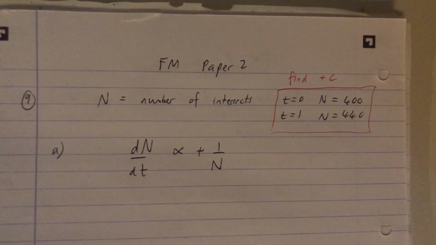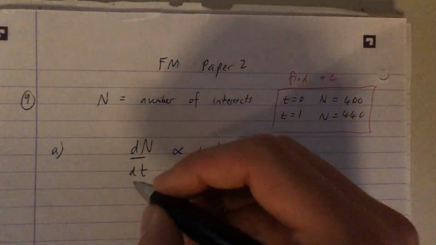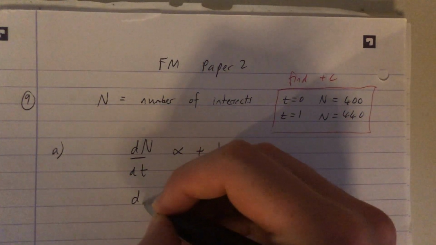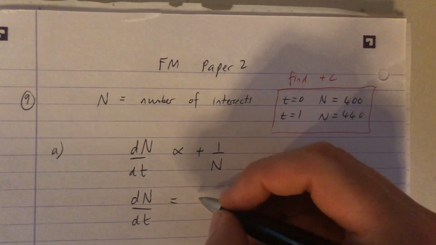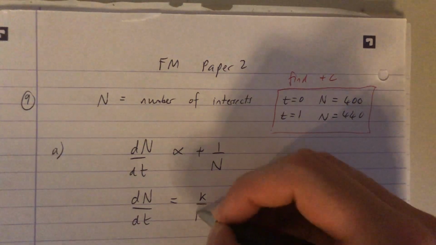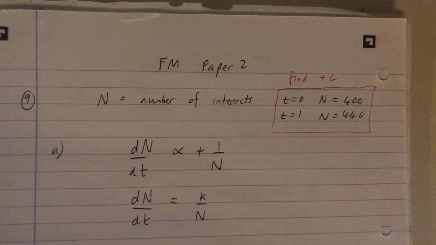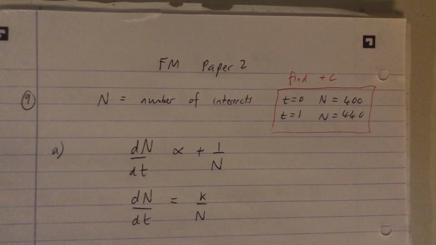But the value of dn by dt is positive. The rate is going up. So as an equation, because an equation needs to contain an equal sign, this would be dn by dt is equal to k over n. Nothing to do with t in there at all yet.